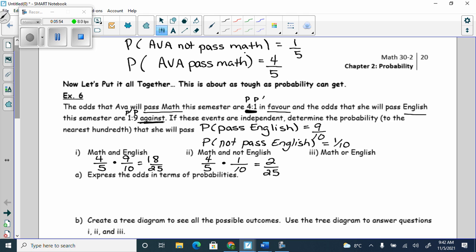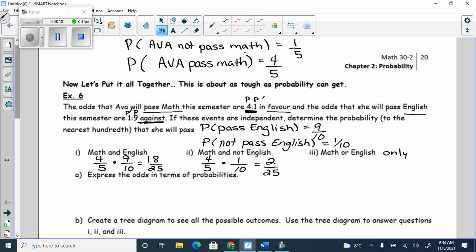The next one is passing math or English. So if they pass math or English, pass math would be what? We should say pass math or English only.